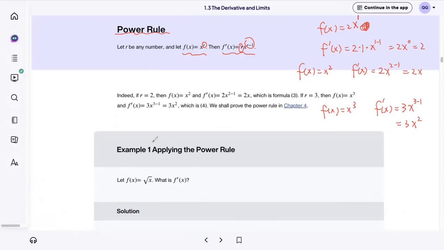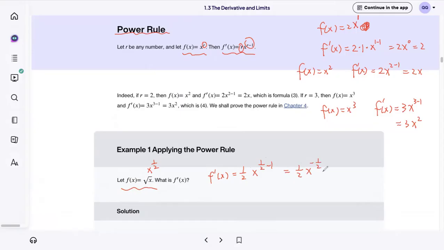Then let's see this question. If f of x equals square root of x, what is the derivative then? Well, first, this function can be written as x raised to half. So we're going to follow the power rule. So move half up front, then we subtract 1 from half. So we get half x raised to negative half, right?